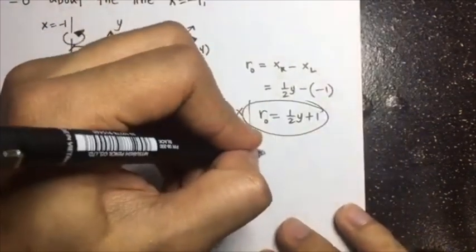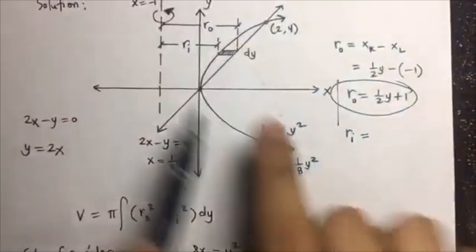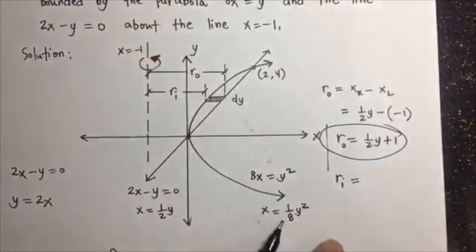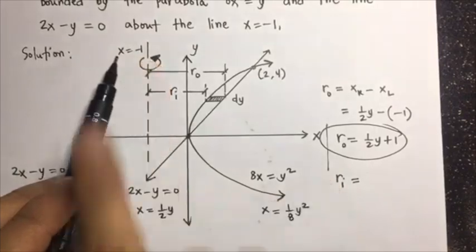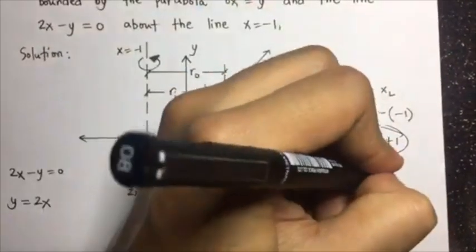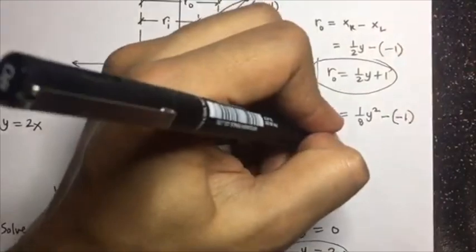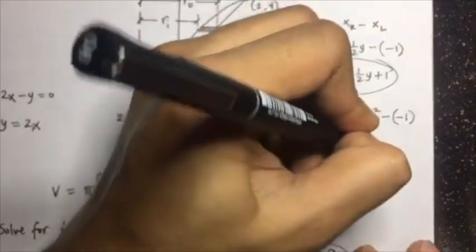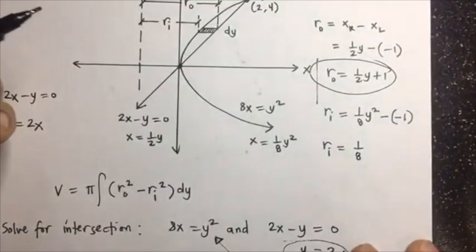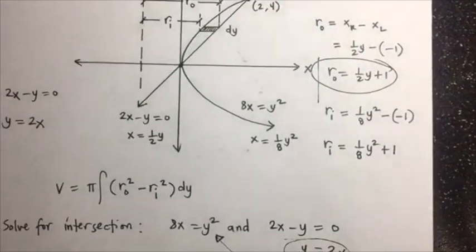So our ri is equal to xr minus xl, which is 1/8 of y squared minus -1. So our inside radius therefore is equal to 1/8 y squared plus 1.